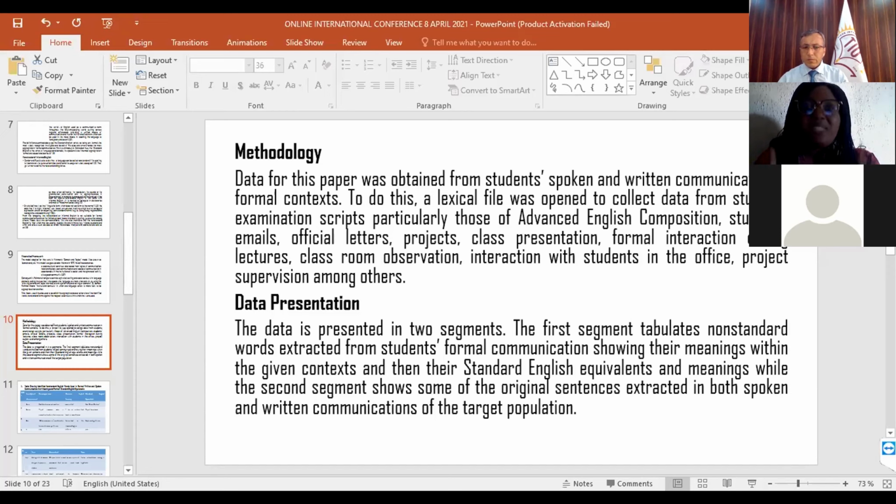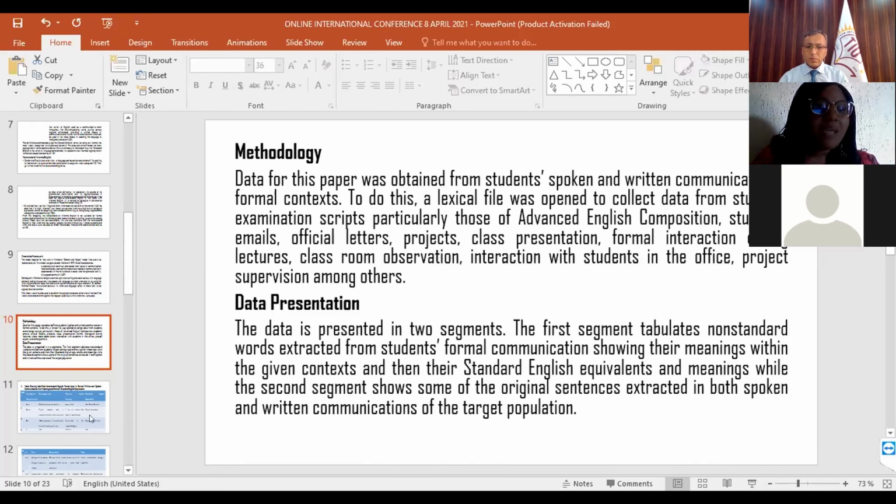So it is this data that I am going to be presenting shortly, so that we'll see if their usages in this context that I've talked about, the exam situation, official communication, verbal communication with regards to project supervisions or complaints about maybe missing exams, which of course, as Fishman rightly points out, are very formal contexts.